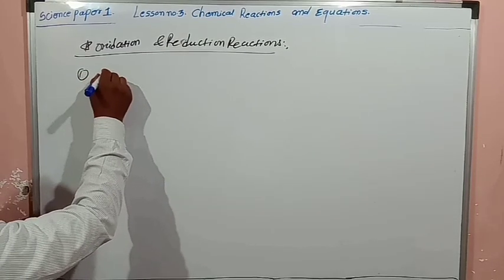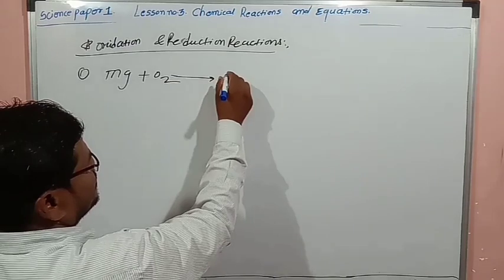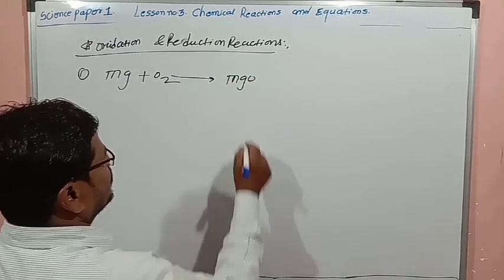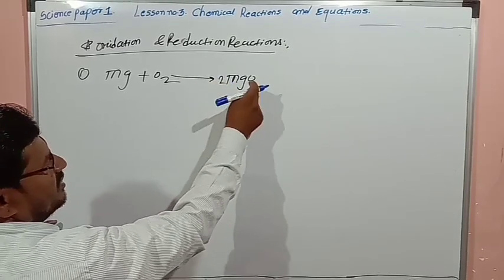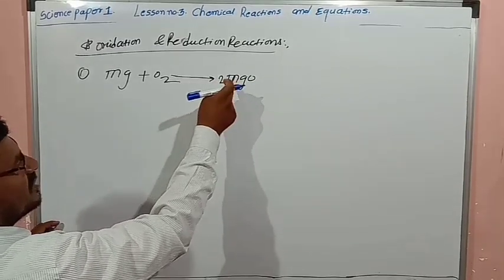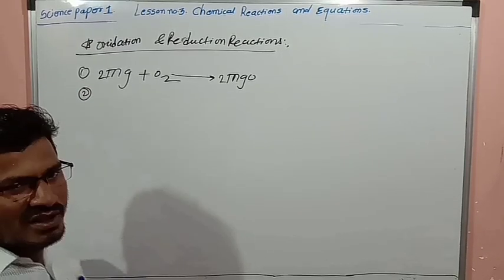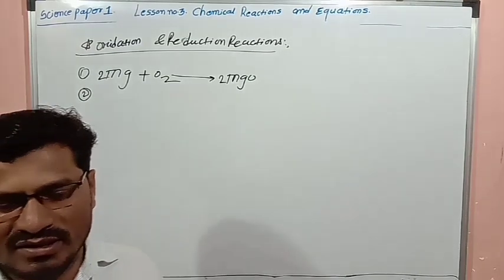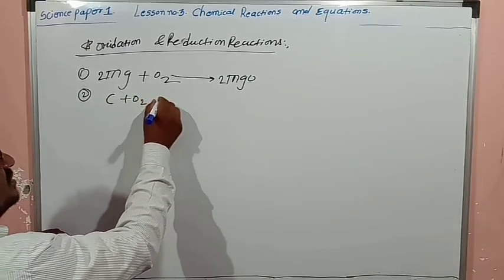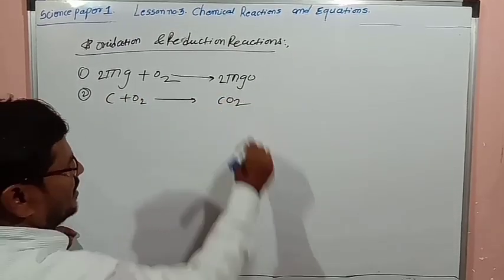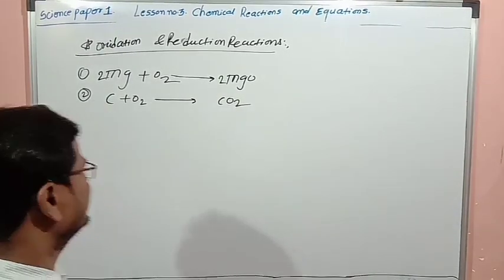Some reactions are there. Mg plus O2, and it is giving MgO. O is there 2, so you have to multiply here by 2, twice O. And here Mg will become 2, that's why here twice Mg. Second one is there. In the second example, carbon reacts with oxygen and it forms CO2 gas.